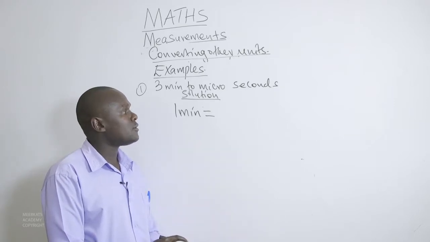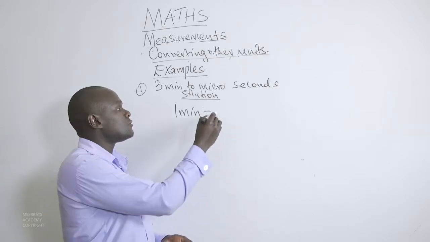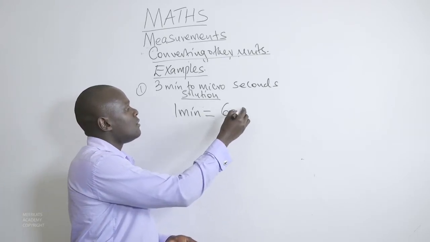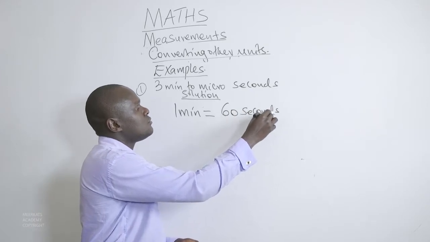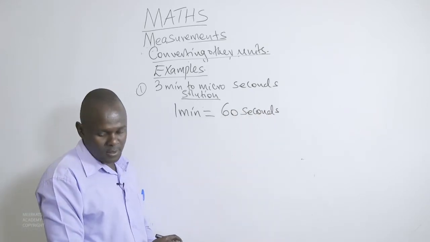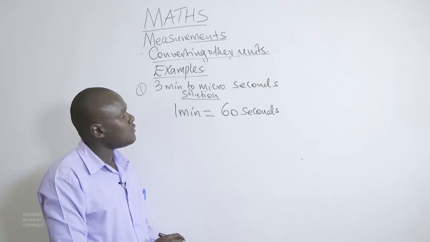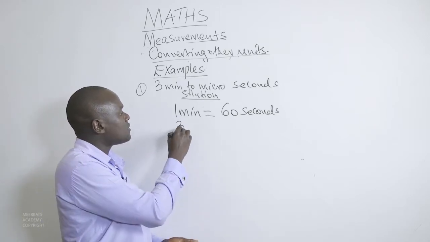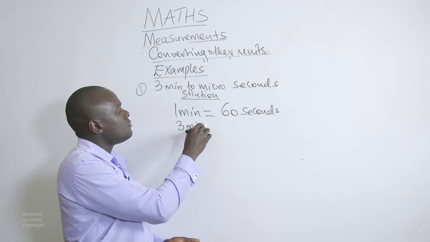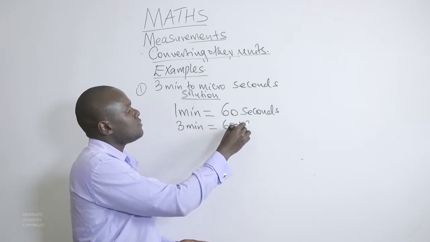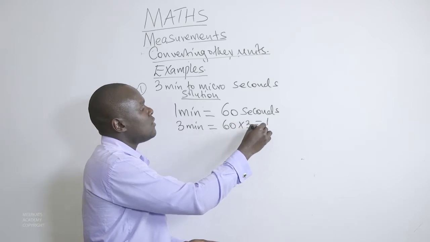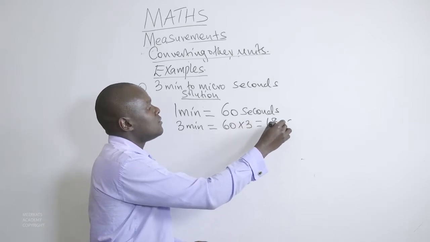And all of us know that a minute is equal to 60 seconds. This means that 3 minutes will be equal to 60 times 3 seconds. This will be 180 seconds.